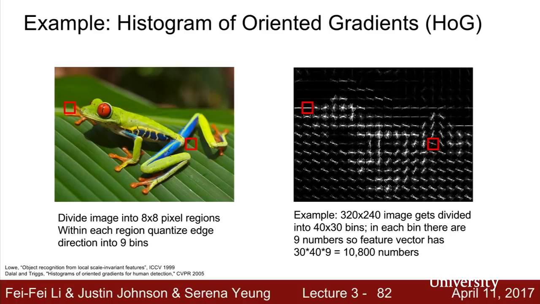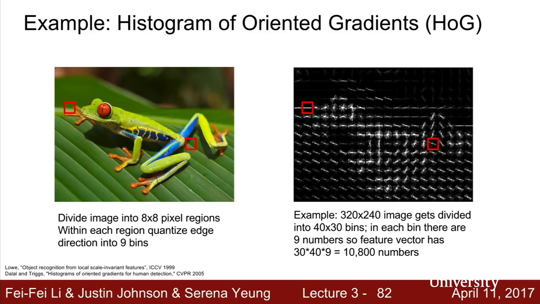What this is going to do is take our image and divide it into little 8 by 8 pixel regions. Within each of those regions, we'll compute the dominant edge direction at each pixel, quantize those edge directions into several buckets, and then compute a histogram over these different edge orientations. Your full feature vector will be these different bucketed histograms of edge orientations across all the different 8 by 8 regions in the image.